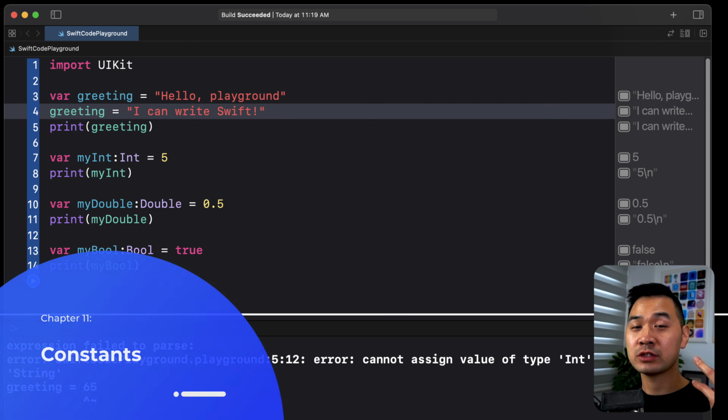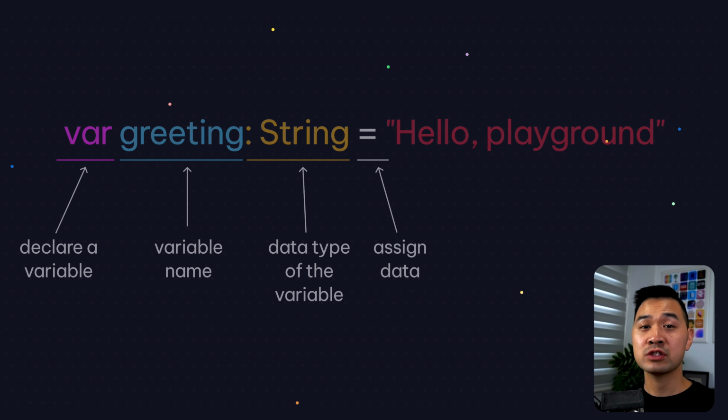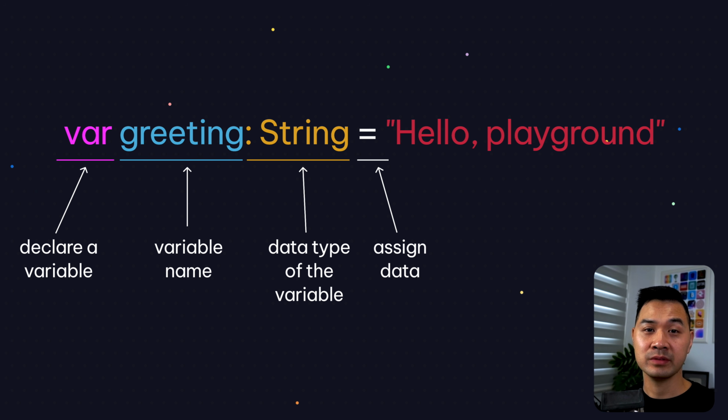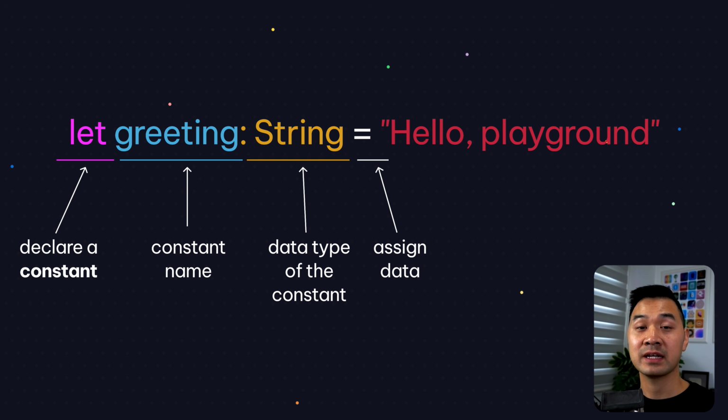Now, one last thing I want to show you before we move on from this lesson is something called a constant. Constants are a special type of variable. Instead of using the var keyword to declare a new variable, we use the let keyword to declare a new constant. Everything about a constant is the same as a variable, from how it's used to how it's declared and how it can only store data of the same data type as what you declare it with.